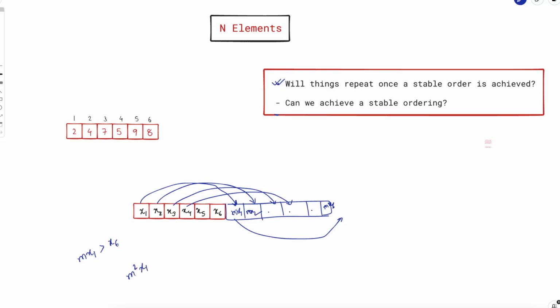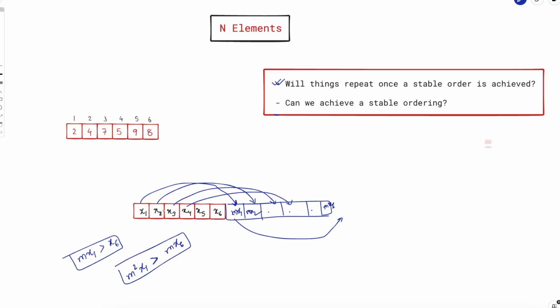Where this m squared x1 will lie will decide whether things will repeat or not. If this lies afterwards, sure, everything will repeat afterwards. So we need to ensure that this is greater than mx6. Is it true? The answer is yes, because this was true. You can simply multiply m on both sides and this will be the equation you will get. So the answer for the first question is yes.